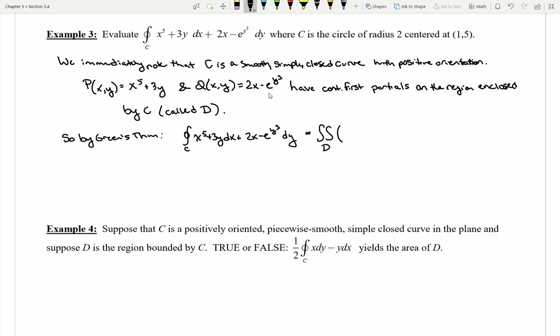All right, so let's take a look here. Q. I want the partial derivative of this with respect to x. Oh, well, that's pretty easy. That's just 2. And then I want to subtract the partial derivative with respect to y. And, oh, that's going to be 3. And I just have to integrate this.